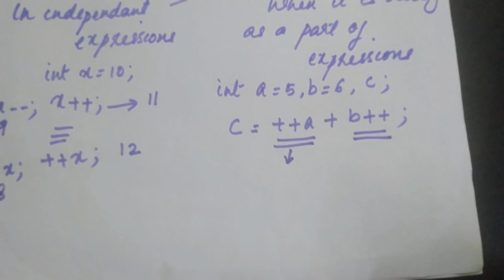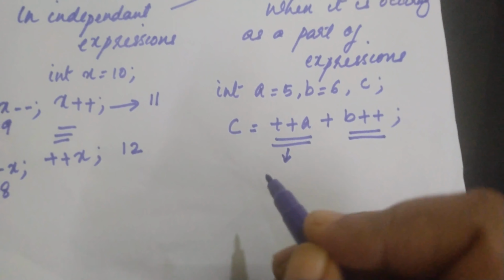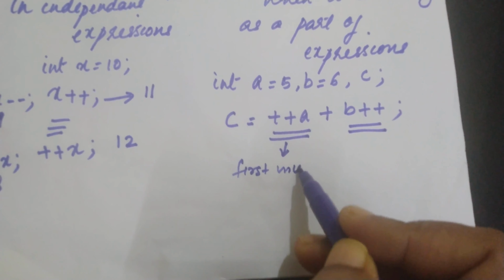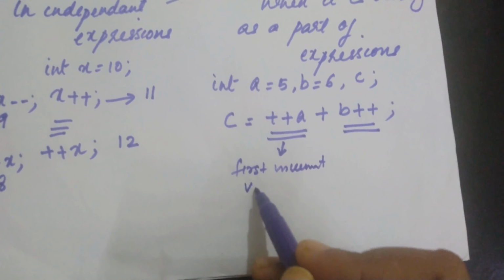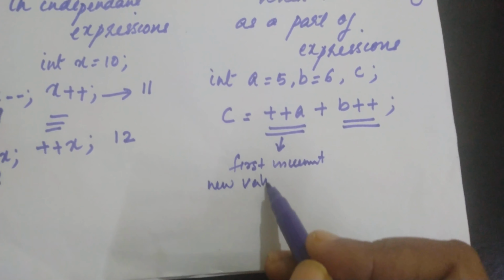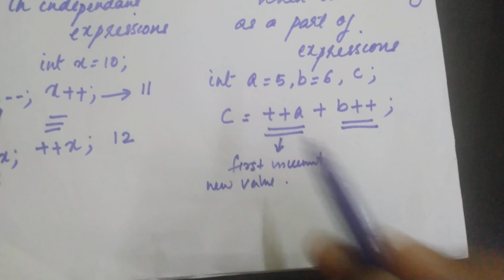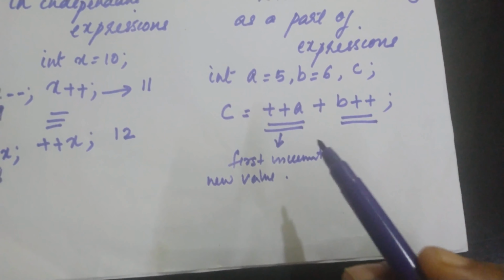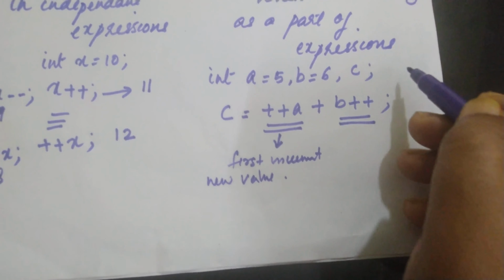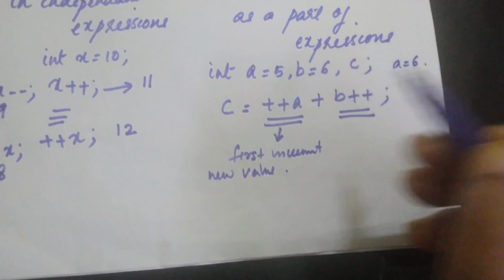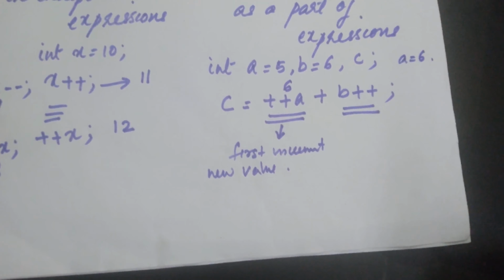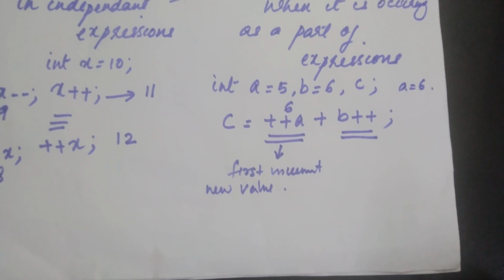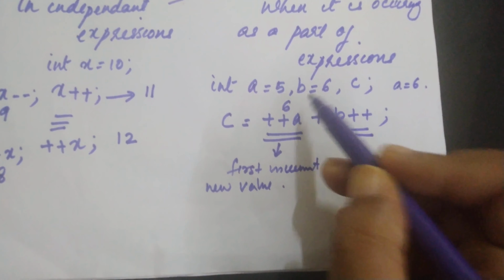The pre-increment operator, when it becomes a part of an expression, means that first it increments and the new value will be substituted into the expression. So what happens? The value of a was 5, so a will be incremented to 6 and the value 6 will be substituted into the expression. And what is the case of b?